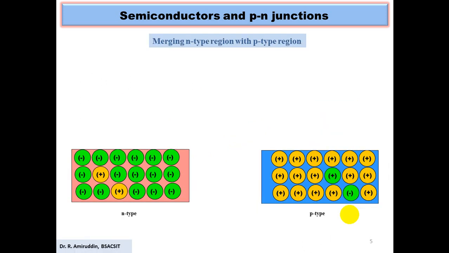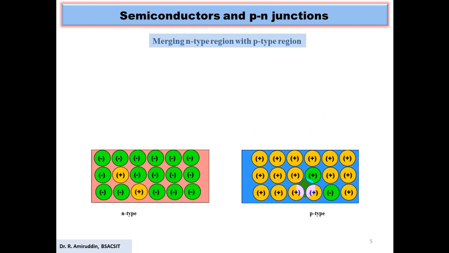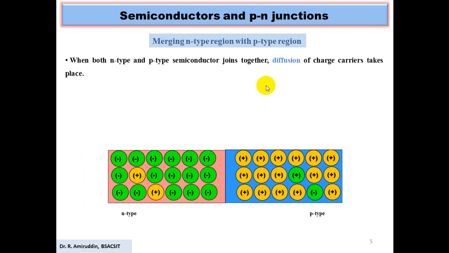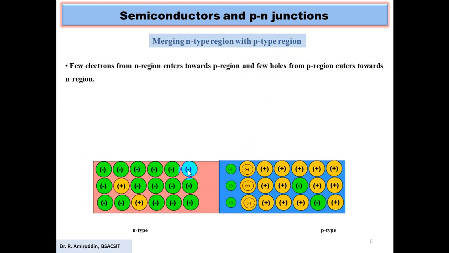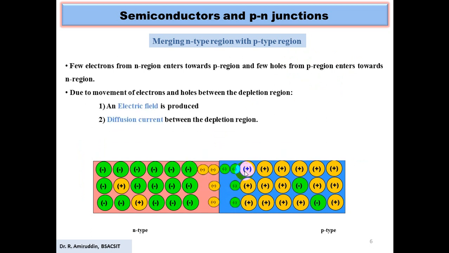Now when we merge these P and N-type semiconductors together, there will be some diffusion of charge carriers. The negatively charged electrons diffuse towards the positively charged layers, and positively charged holes diffuse towards the N-type layers, because of which an electric field is produced, and because of diffusion of electrons and holes there will be a diffusion current.